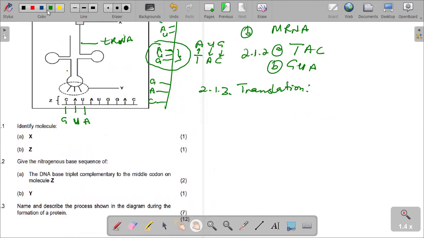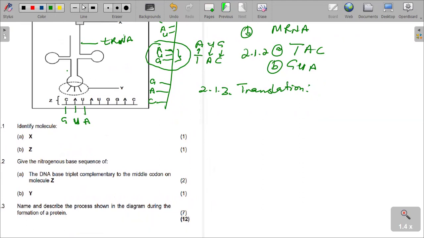So first, each tRNA carries a specific amino acid.